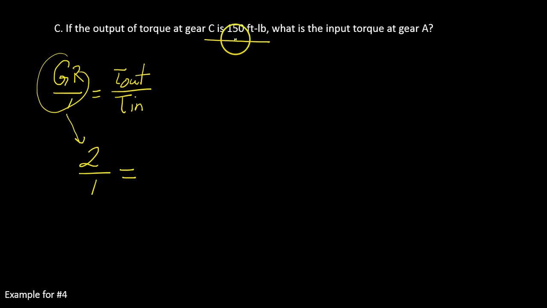We know our torque at gear C is 150 foot-pounds. And what else do we know? Well, we don't know what the torque in is at A, because it's asking us that question. We don't know that.